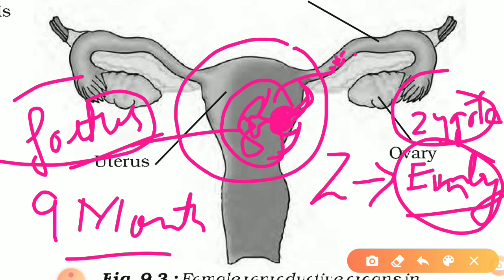And what happens in the uterus? The embryo gets implanted to the wall of the uterus. Implantation का मतलब होता है fix हो जाना और वहाँ पे nourishment लेके grow करना. So the embryo gets implanted to the wall of the uterus and it grows into a complete fetus for the period of 9 months there. Clear?